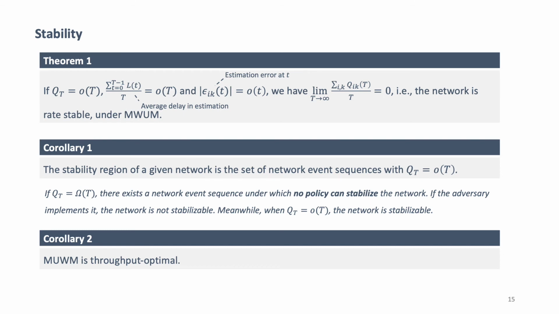Based on this theorem, it is straightforward to show that the stability region of a given network is the set of network event sequences with Qt being sublinear in time horizon t. We can also show that our algorithm is throughput optimal.